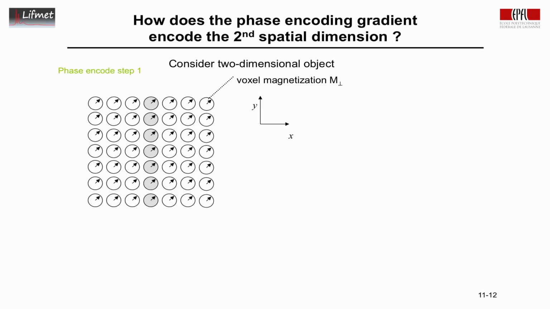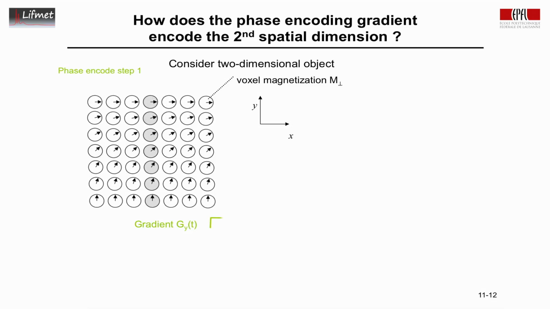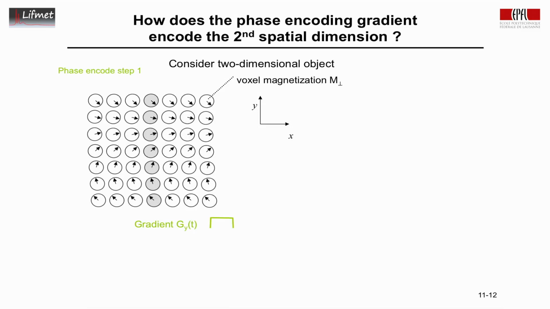Now, if we apply a phase encode gradient along Y for a certain duration with a certain amplitude, then we have phases that change along Y. All the positions along X have the same phase, but along Y it depends on their position in Y. These have not changed, the others have changed. These turn to the right, and these turn to the left below.